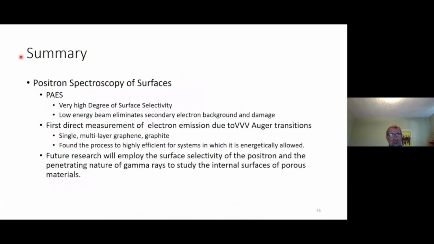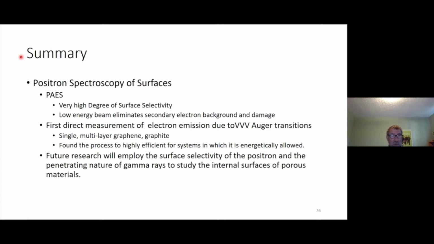And so just to summarize, we've developed surface spectroscopies using positrons, which are very highly surface selective. We've discovered new things that haven't been observed previously because they couldn't do it because of too much background or not enough surface selectivity.